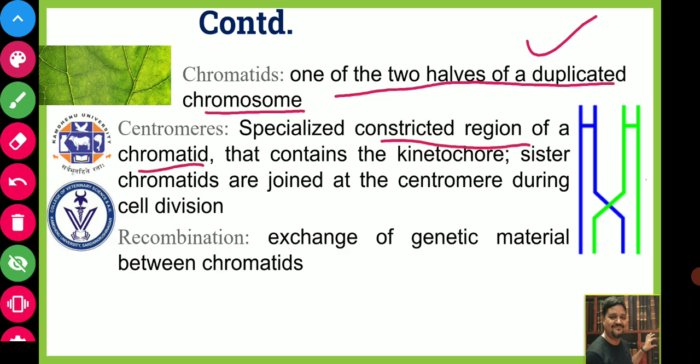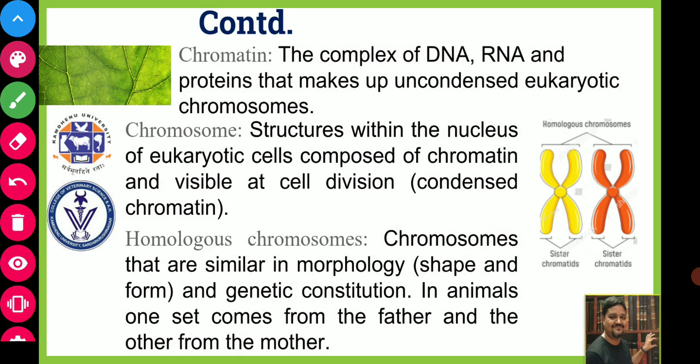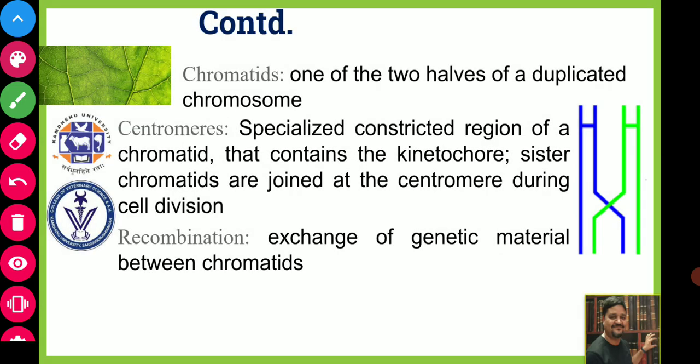In the last figure, if you remember, or if you do not, I will show you. This is the region, the constricted region of a chromatid, and this constricted region is known as the centromere, and it is composed of kinetochore. Kinetochore is a protein. So this is the specialized constricted region of a chromatid that contains the kinetochore.